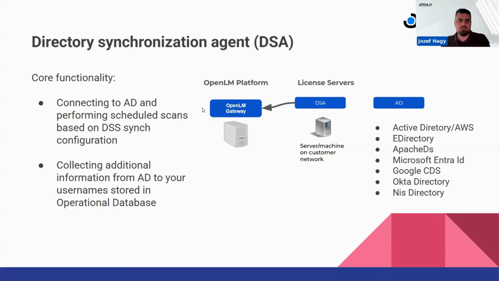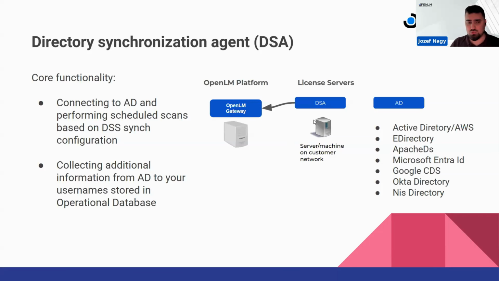In the OpenLM platform, you can set up synchronization, which gives you this information based on the username provided from the OpenLM database. DSA will scan for the usernames based on the sync attribute that you set up, and every user with that username will get the data into the OpenLM database.